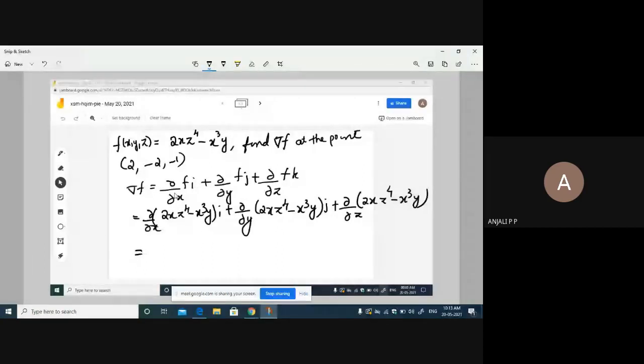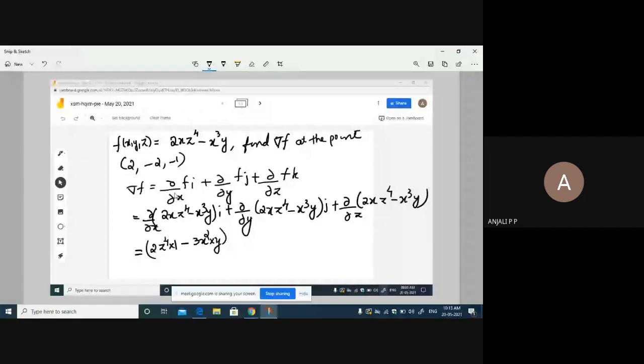Here z is constant because we are differentiating with respect to x. So 2 is constant, z raised to 4 is constant. So putting 2 z raised to 4 into derivative of x, which is 1, minus derivative of x cube, which is 3x square, again y is constant. This is the first term.